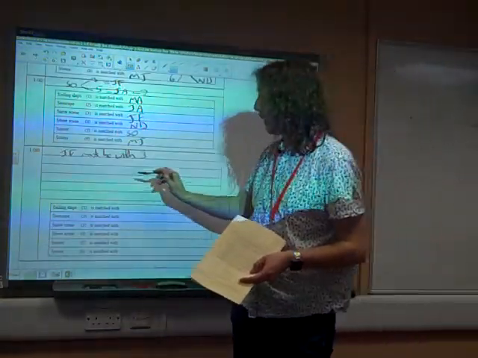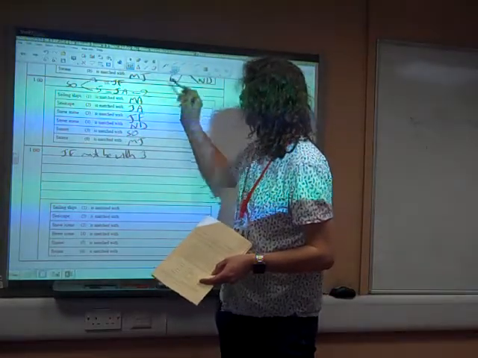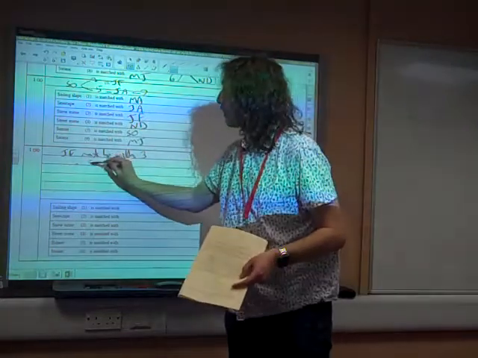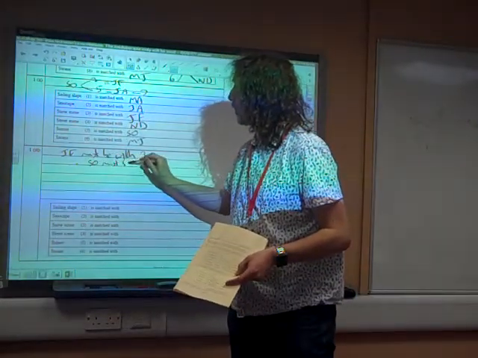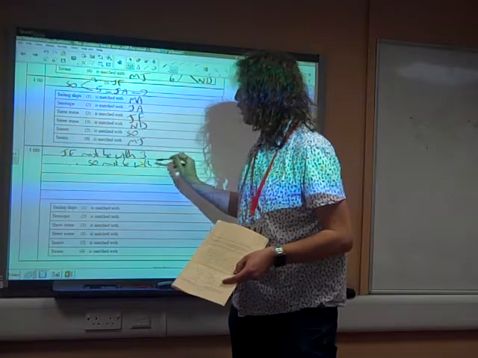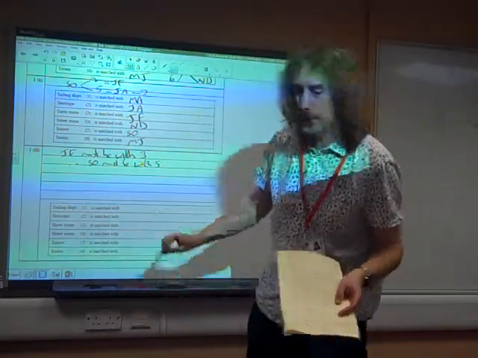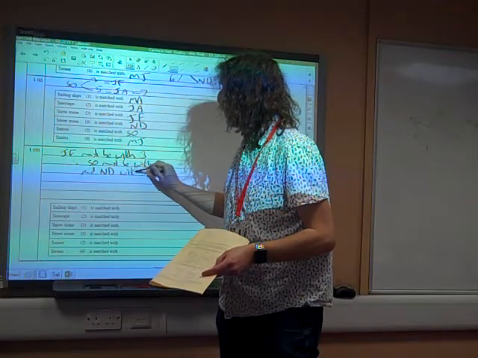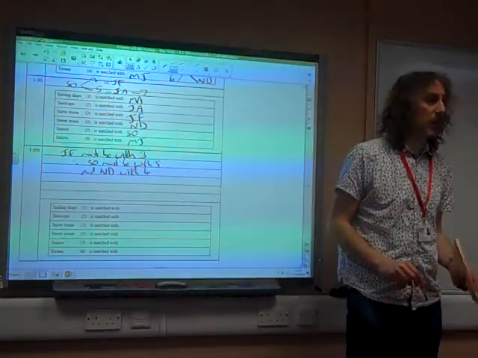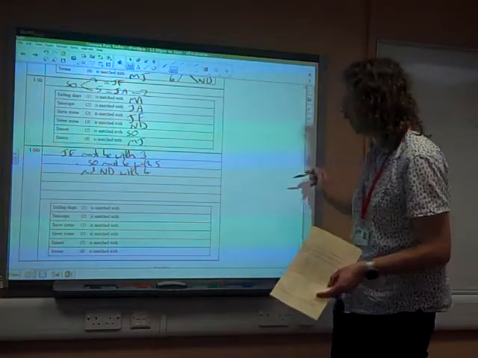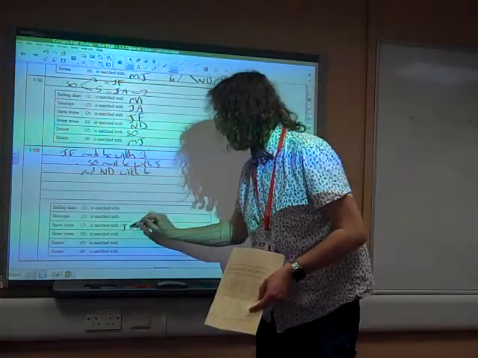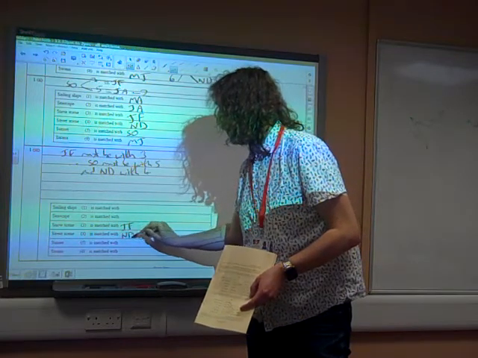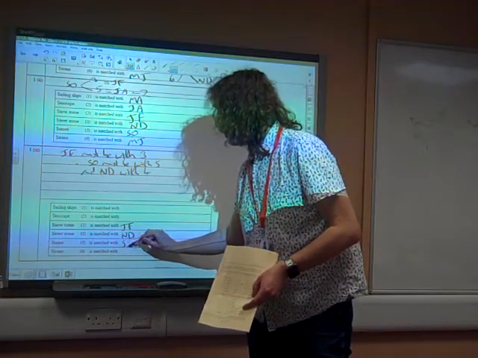So what we then say is that therefore SO must be with 5, and ND must be with 4. Okay, so that is a restriction that we can't do anything about. 3 has to be JF, 4 has to be ND, and 5 has to be SO.